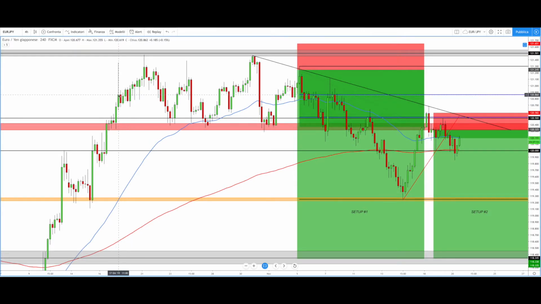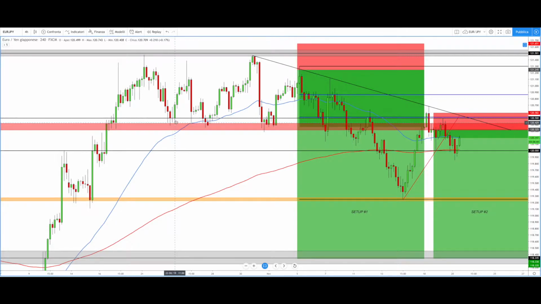But the price after this strong bearish signal found the strength to start a new bullish phase, and we can see here that the price perfectly touched this slowdown area around 121.50, but failed another time to go higher and started another strong bearish phase that brought the price to touch 120.50.